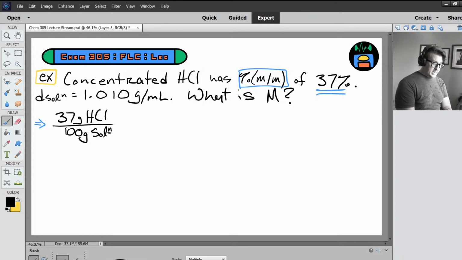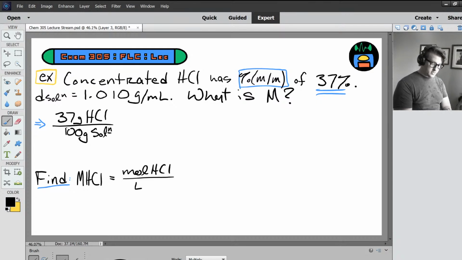All right, and we are being asked to find the molarity of HCl, which is equal to moles of solute, which is hydrochloric acid, over liters of solution. So you'll notice we have two things we need to do a conversion on. We need to convert our denominator from grams of solution to liters, and then we need to convert our numerator from grams of HCl to moles of HCl.